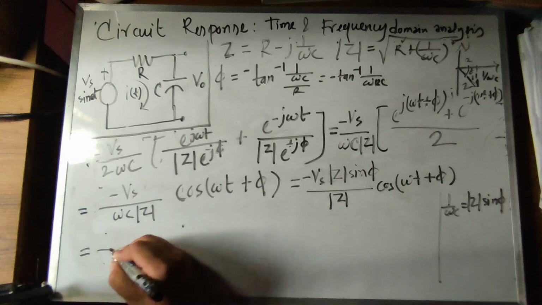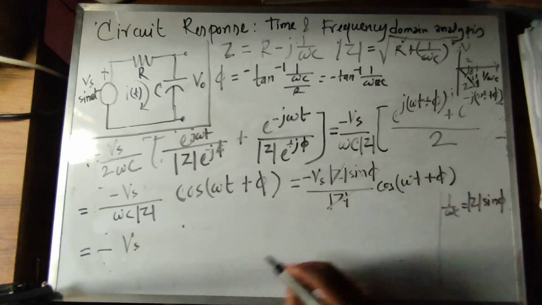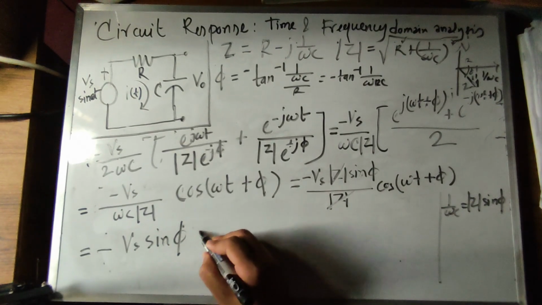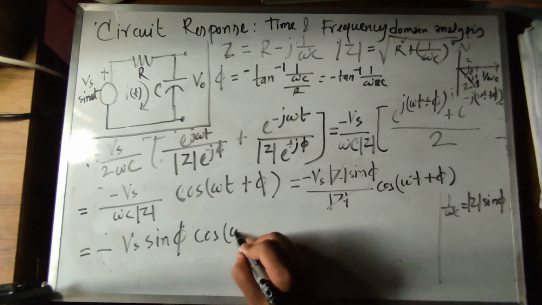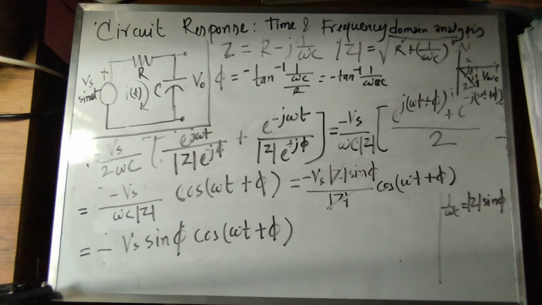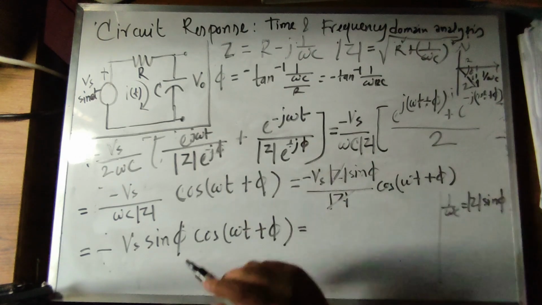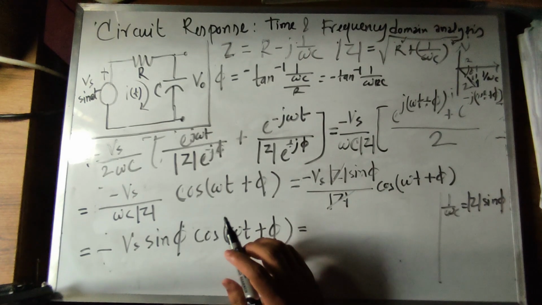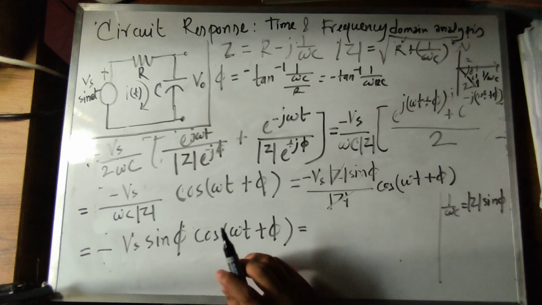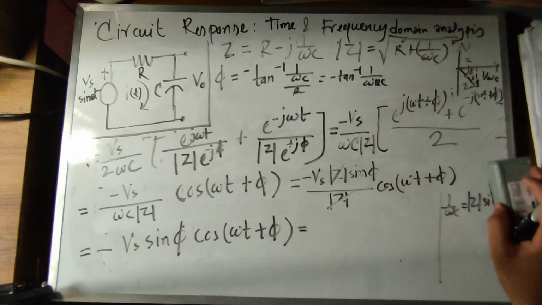So we get minus Vs, which is the magnitude, and Z cuts out, sine phi cos omega t plus phi. So this is the particular integral of the differential equation for the series RC circuit. Now we get the full response of the circuit in the time domain.